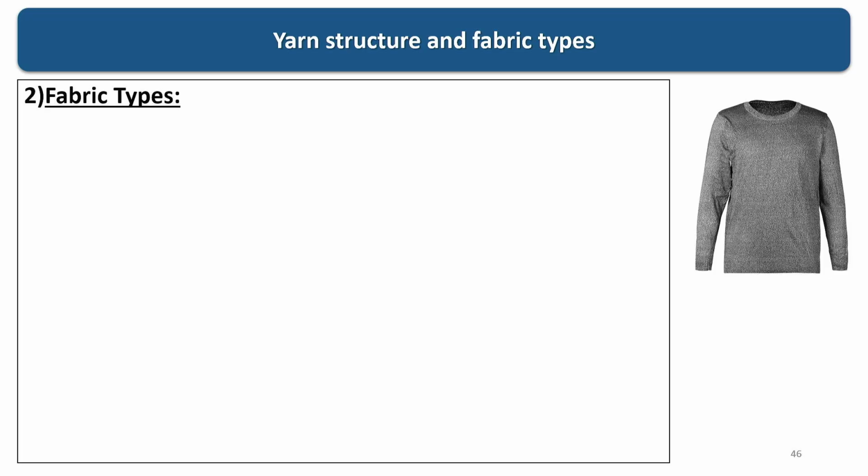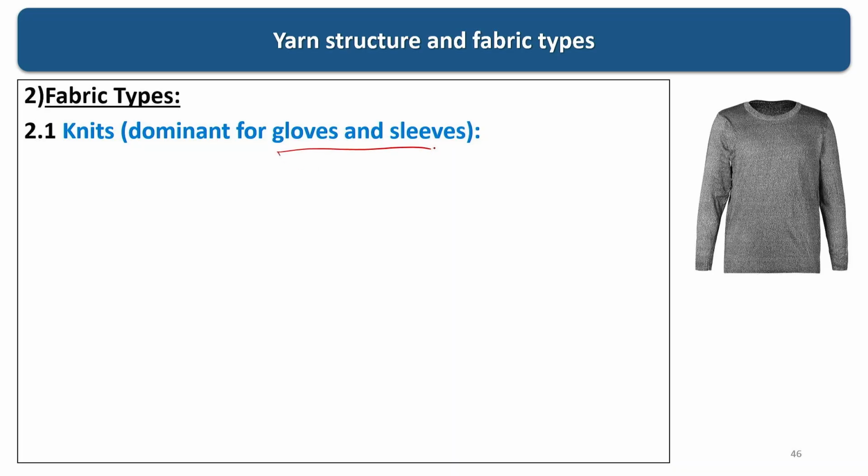Now, after the fiber and yarn structure, let us try to see the fabric structure. In cut resistance, particularly for gloves and sleeves, the majority of the products are dominated by knits, due to the stretchability of the knit structure.